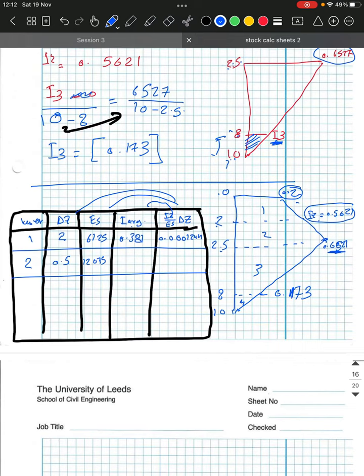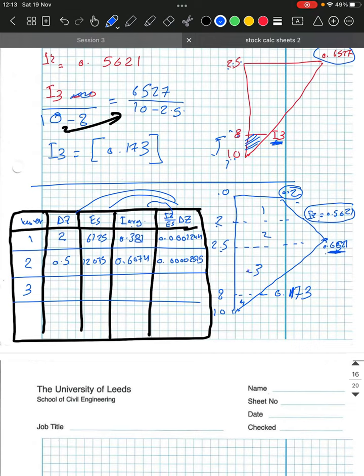And the average is going to be this, IZ max, 0.6527 plus 0.5621 over 2, which is going to be 0.6074. We're going to do the same thing here, 0, 0, 0, another 0, because it's a small layer, 2515.